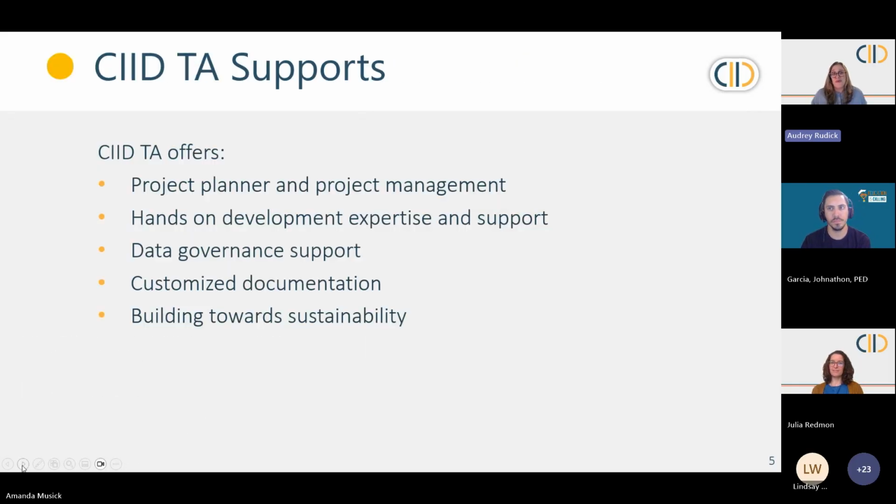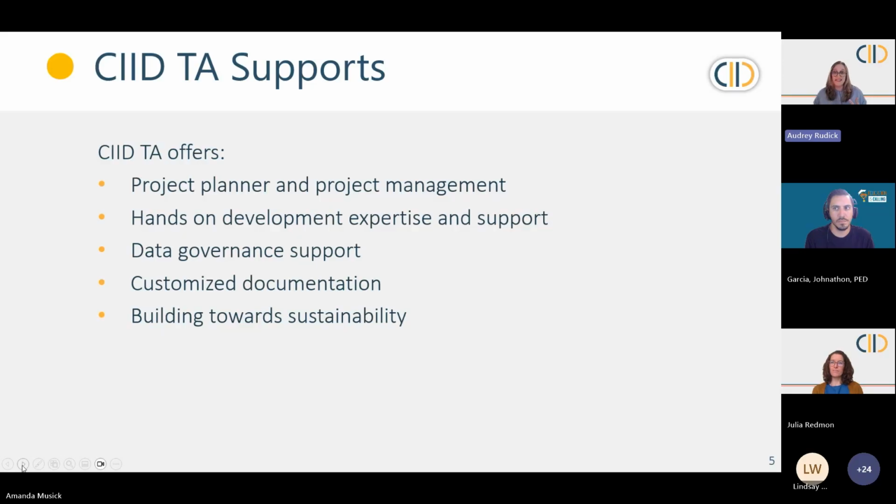So CIID's role in this is really to support states implementing Generate by offering technical assistance. Our TA includes expertise in project management, hands-on development support, where each state who receives intensive TA has a developer assigned, and support for data governance processes within the state.